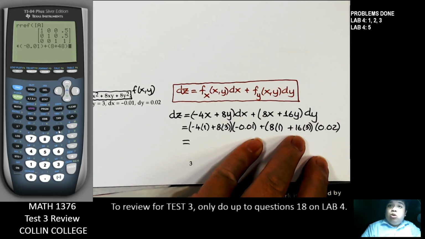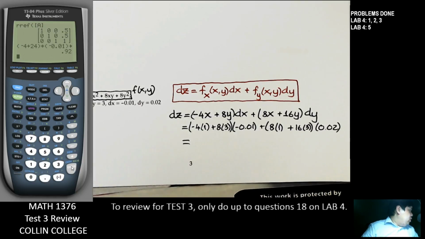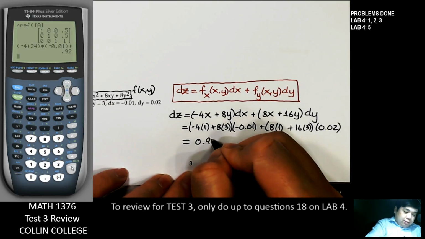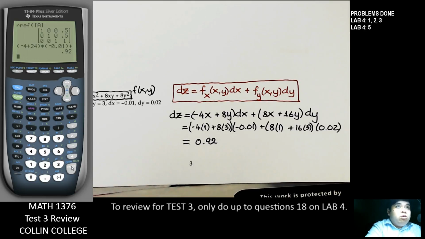You can almost do this without a calculator. That's 0.92. So straightforward, pretty much just that.